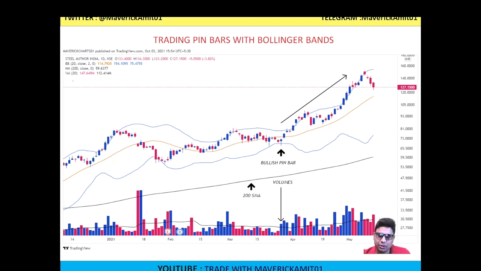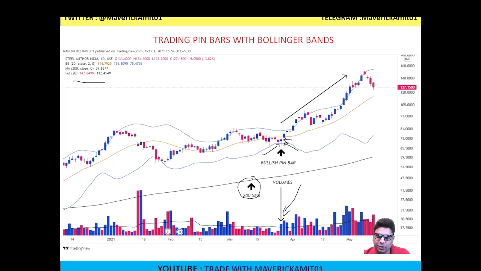Friends, this is the chart of Steel Authority of India. You can see my most important condition, that my price is above the 200 SMA. Here is my bullish pin bar. It has got a small real body. The tail is long. The color of this real body does not matter. And it cuts through my lower Bollinger Band, which is a very important condition, and my volumes are on the higher side.